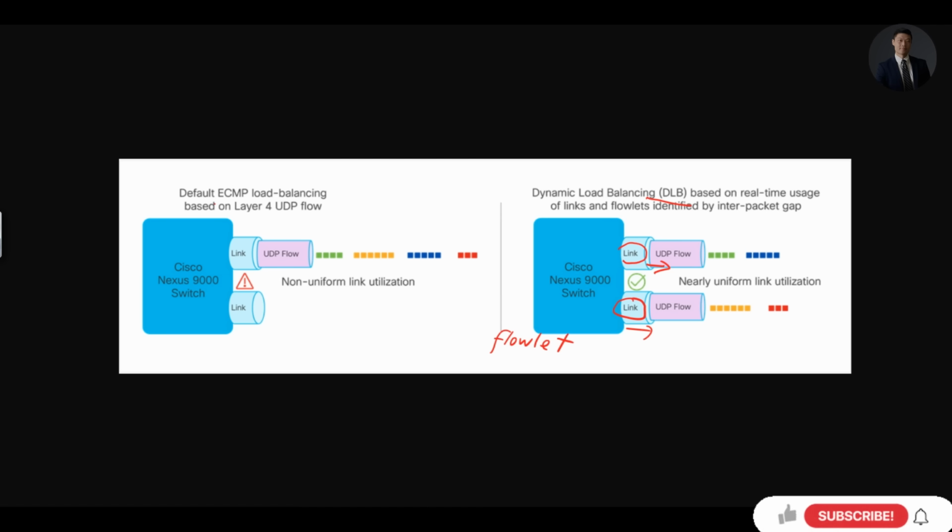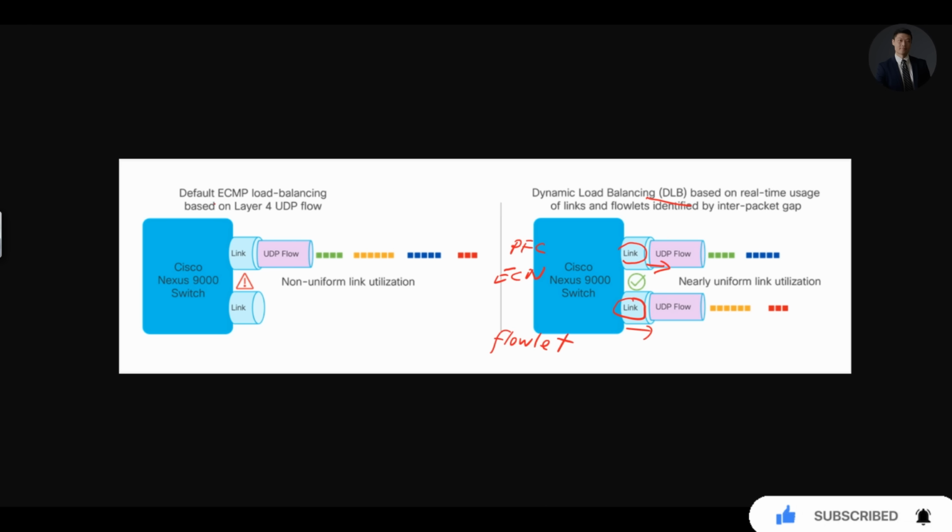It reduces congestion and improves performance. Combined with features we first talked about, PFC and ECN. PFC stands for Priority Flow Control, and ECN stands for Explicit Congestion Notification.